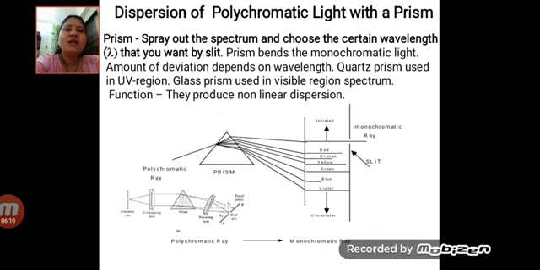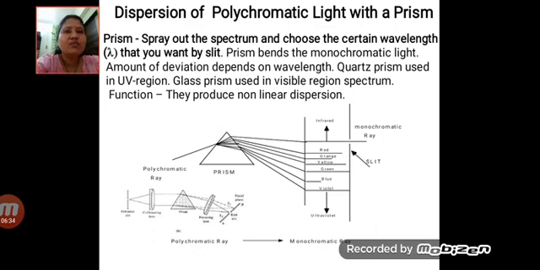If white polychromatic light is substituted for monochromatic radiation, a separation of the different wavelengths leads to the formation of a spectrum from which the required wavelength may be selected for the spectrophotometric measurement.